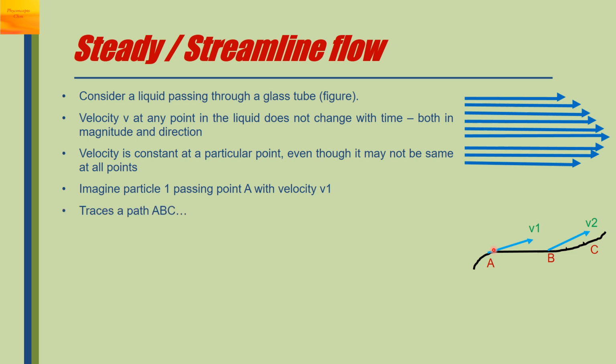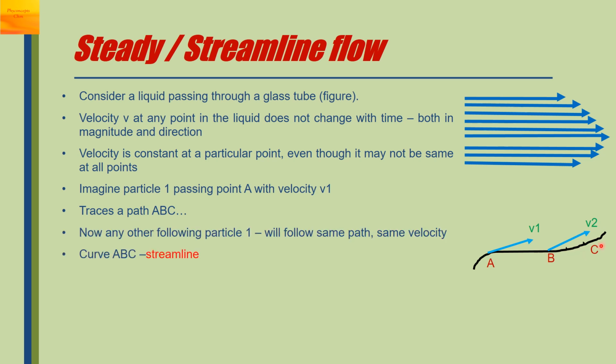So if you imagine a particle 1 passing point A with a velocity v1, then it will trace a path A, B, C. Now, any other particle which is following this particle 1 will also follow the same path with the same velocity.